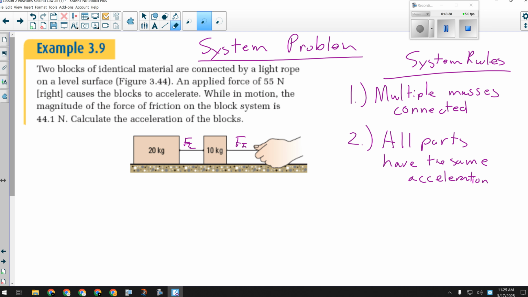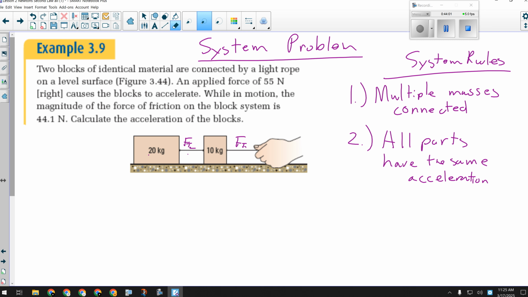Which would you have to pull harder on, 30 kilograms or 20 kilograms? 30. So while these might have the same acceleration, this force is going to be bigger than that one, more than likely. It has to be because I'm pulling all 30 kilograms. This force is only pulling 20.